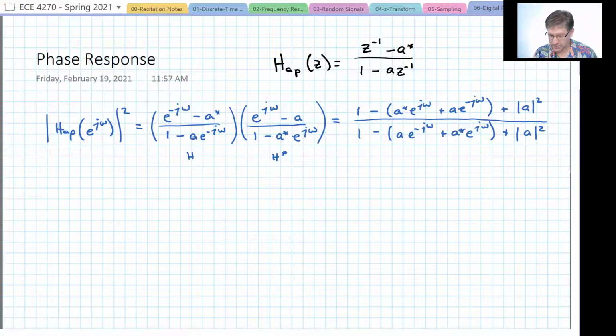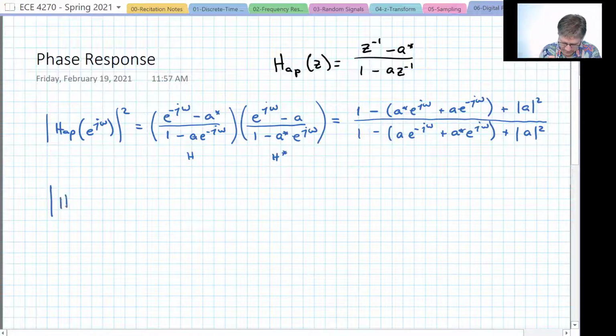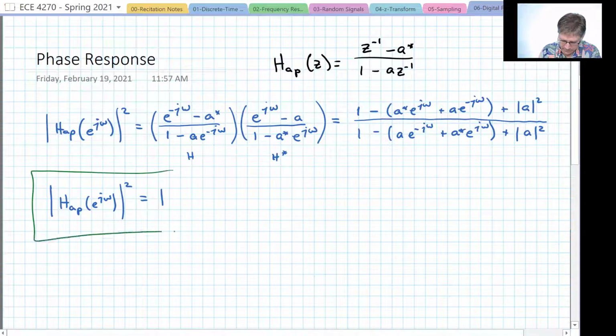The tops and the bottoms are just the same. And so now we have that the frequency response magnitude squared of an all-pass filter is just equal to 1.